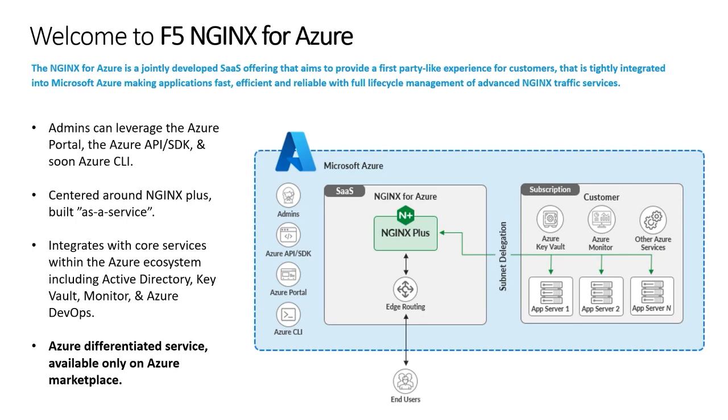Awesome. Are there any plans, or is there already a feature, for when a customer's workload is across multiple availability zones? Does NGINX as a service support that?